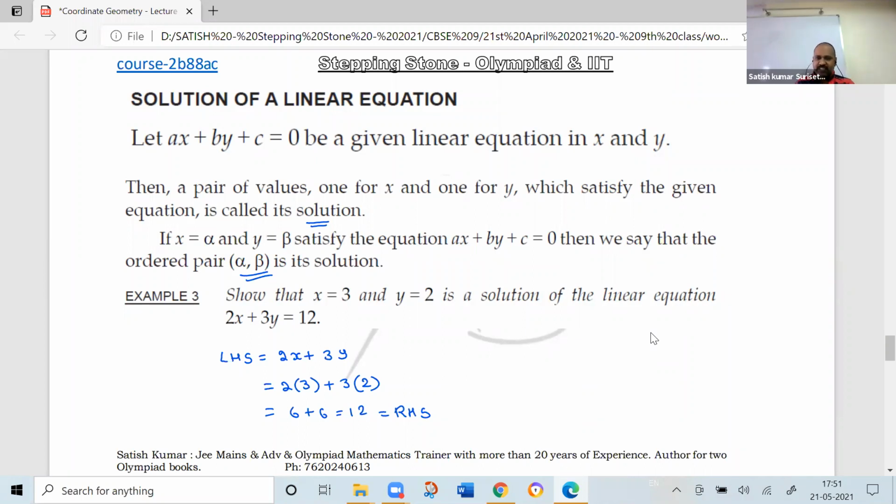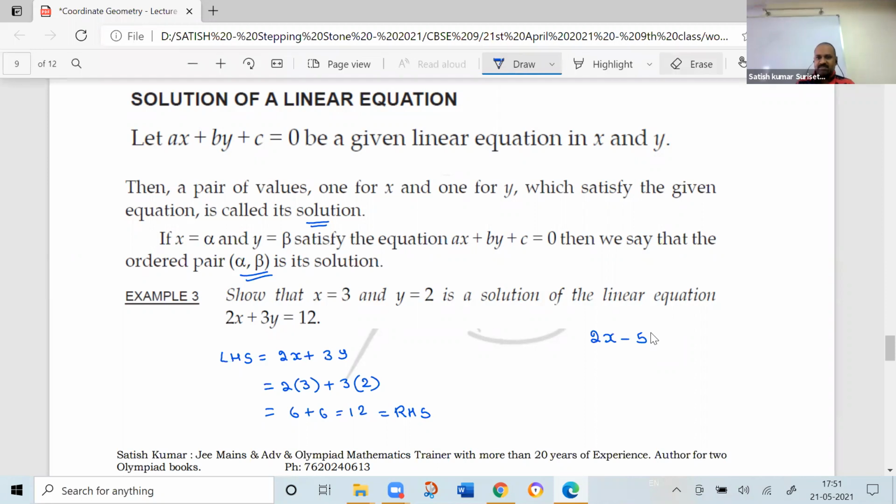Now, let us take another example: 2x minus y equal to 1. Now tell me, is x equal to 3, y equal to 2 a solution or not?